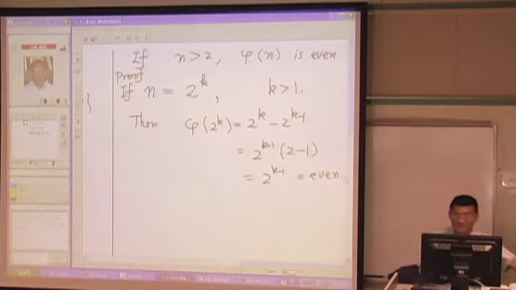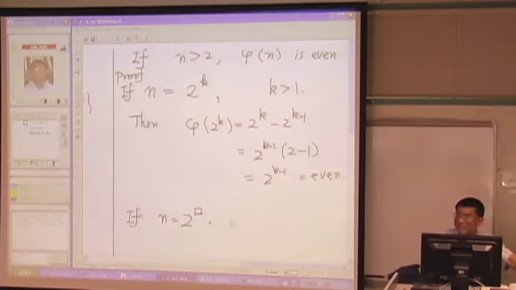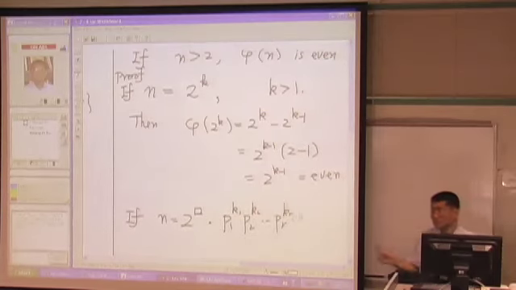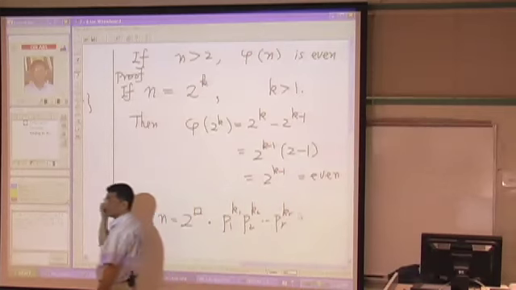Second case, if n is equal to 2 to the power of anything, and then some odd primes, so p1^k1, p2^k2, and then pr^kr, right? Is this general enough or not?